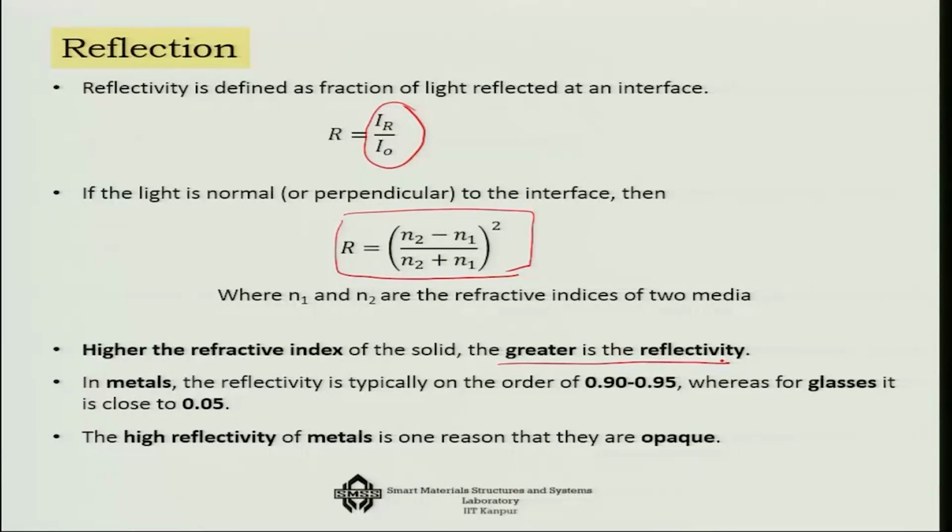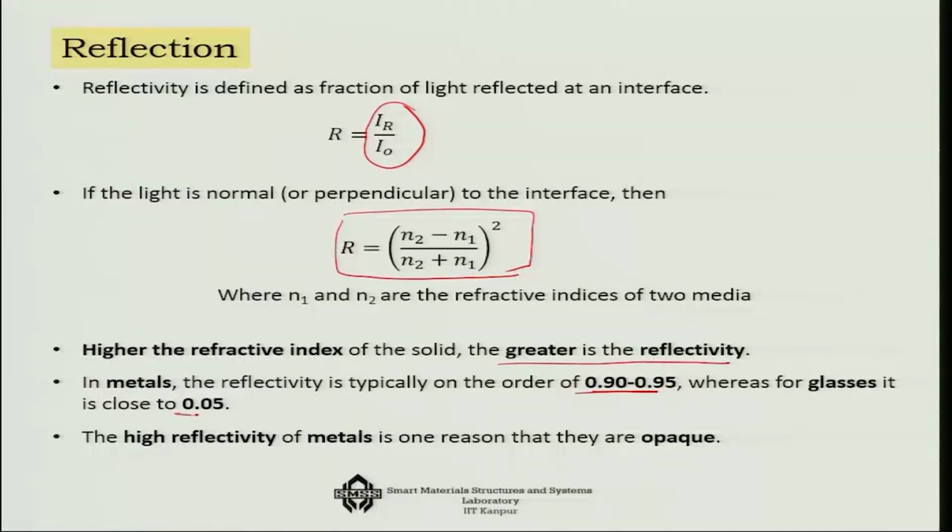So, in comparison between two materials, if the refractive index is higher, then we can say that R is actually going to be more for this particular material. Now, in metals, the reflectivity is typically, I told you, of the order of 0.90 to 0.95, whereas it is just the reverse for the glass.